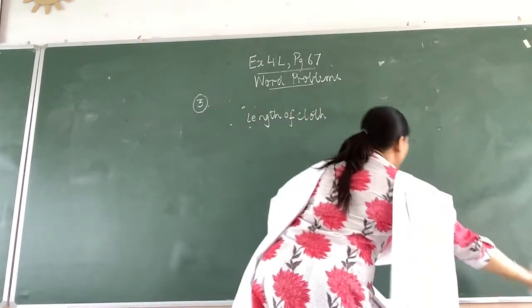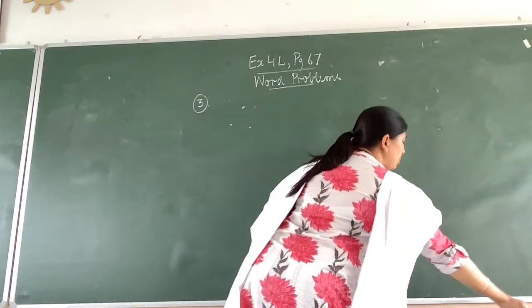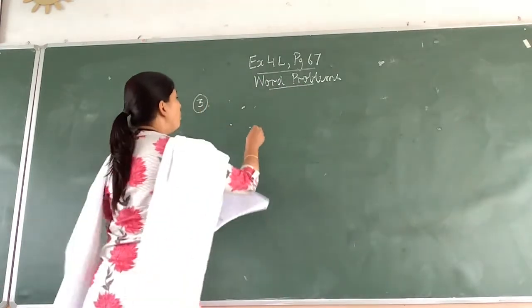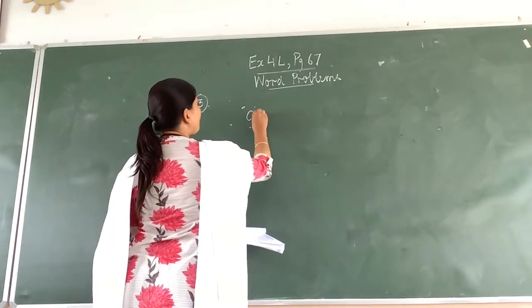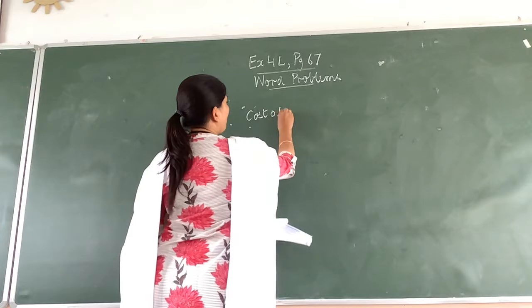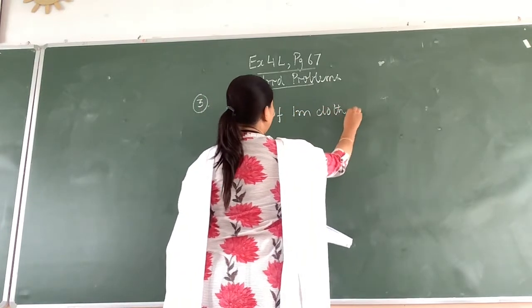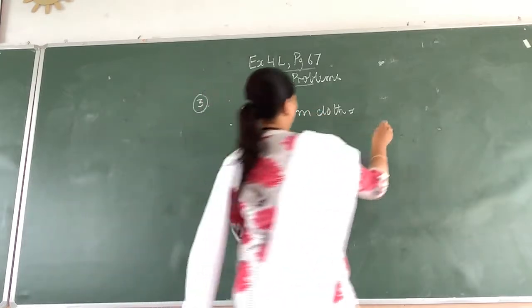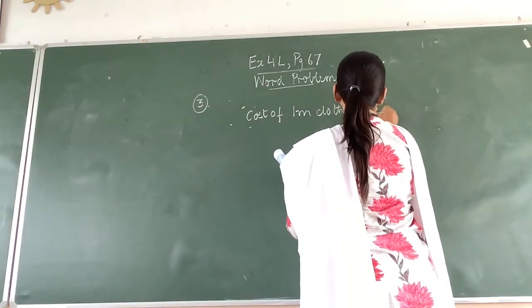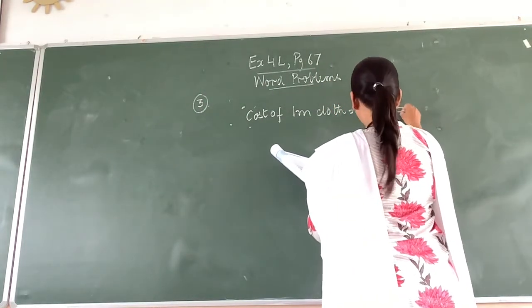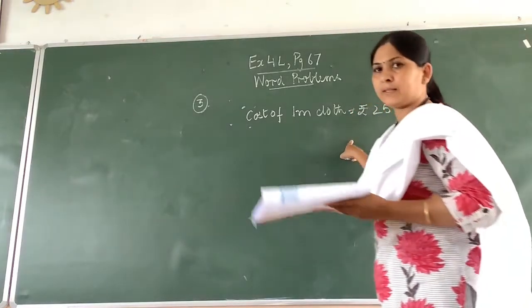Before I do this, let us write down the 2 things that are given. Cost of 1 meter cloth. What is the cost of 1 meter cloth? 25 and 1 over 5 rupees. See, I have written the statement.